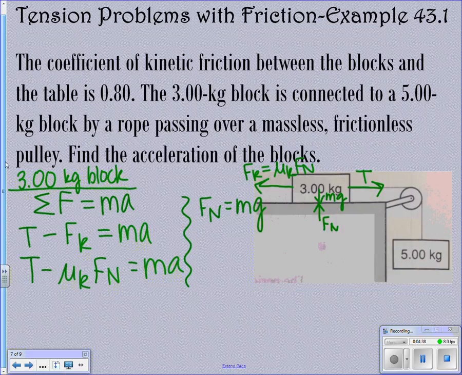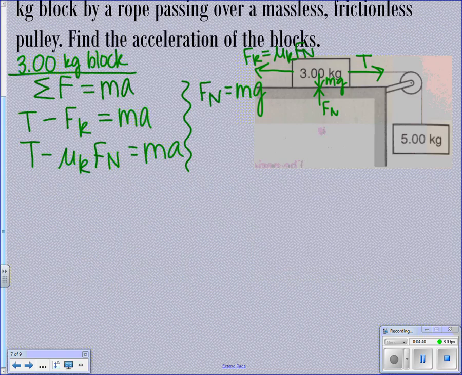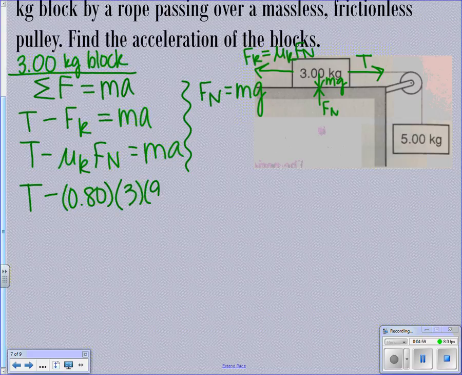Now what we're going to do is fill in the information that we were given. We don't know our tension, that's what we're trying to find. Our mu sub K was 0.80, and our F sub n is just 3 times 9.81. And then our mass is 3, and we don't know the acceleration.